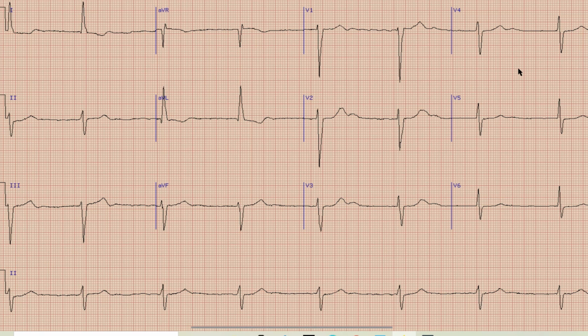As you know, the first thing which we look at on an ECG is rhythm. For rhythm, we look at lead 2 or the rhythm strip at the bottom of the ECG. For rhythm to be sinus, there should be an upright and prominent P wave before each QRS complex. But here in the rhythm strip, we do not find a prominent and upright P wave before any of these QRS complexes.